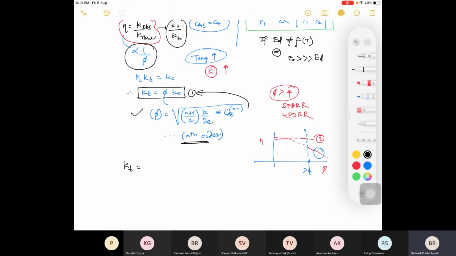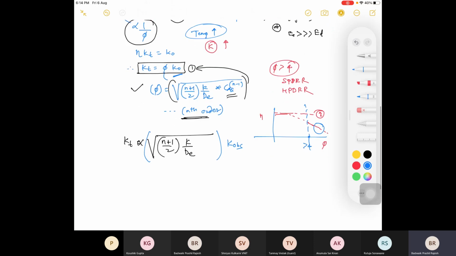If you substitute phi, you will have this equation. I am writing directly proportional to (n plus 1) divided by 2, then K by D_e, and concentration I am keeping unchanged, so I will have this value only, into K observed.